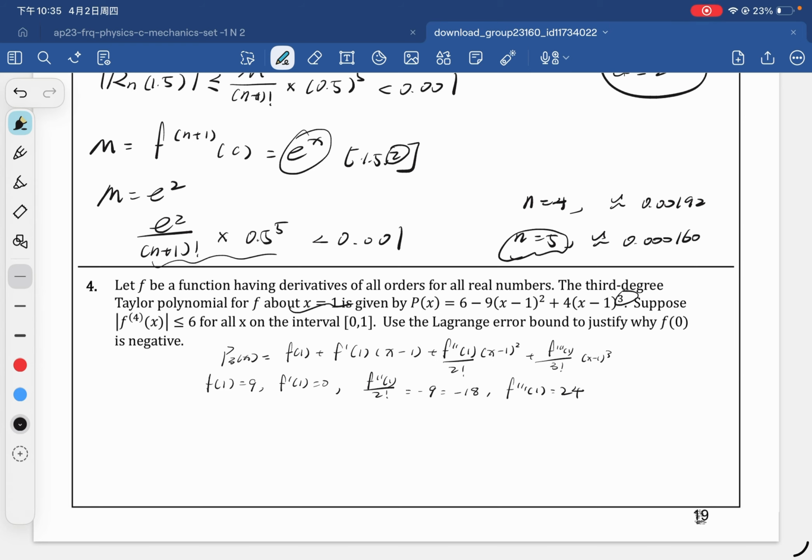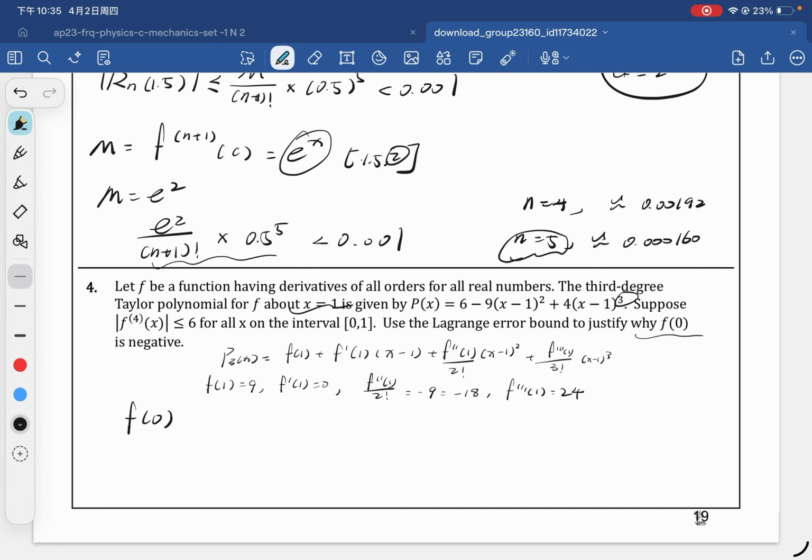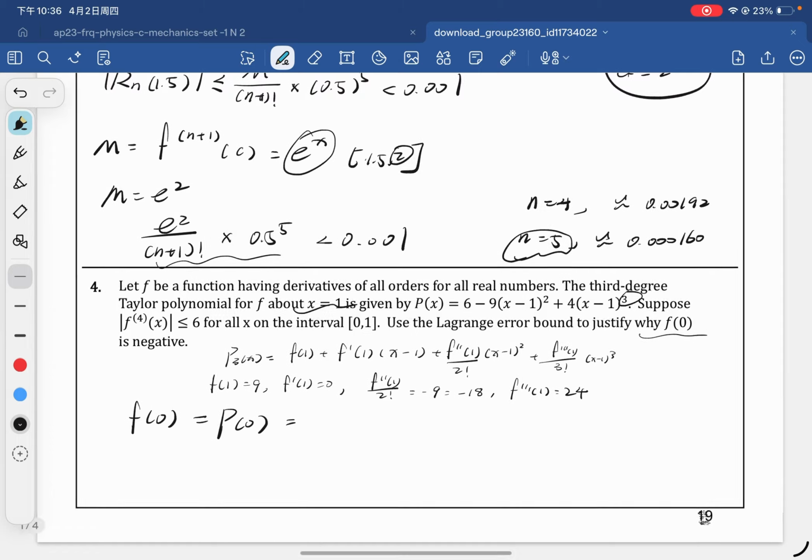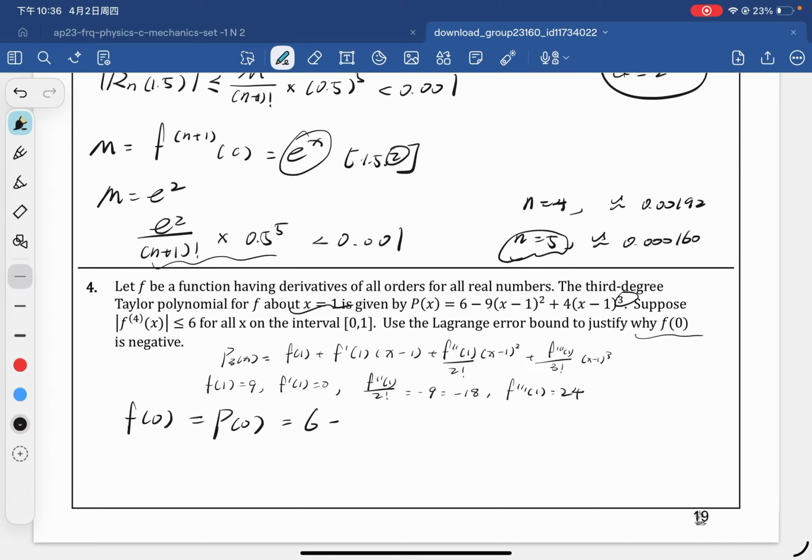And then we estimate f of 0, which equals P of 0, which is 6 minus 9 minus 4, so it's negative 7.